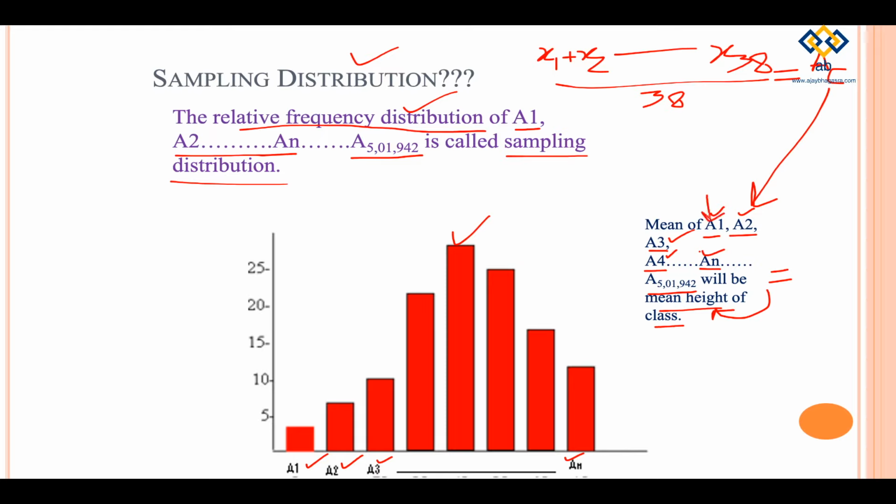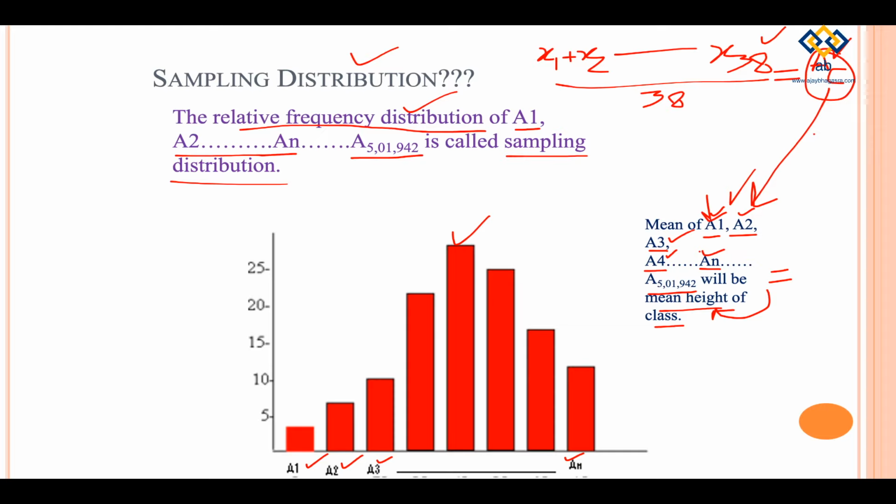A1 is the mean of 5 students taken together. The difference between the two is that AC is the average of actual observations, but the average you get from the sampling distribution is the average of means, and both are equal to each other. This is property number one.